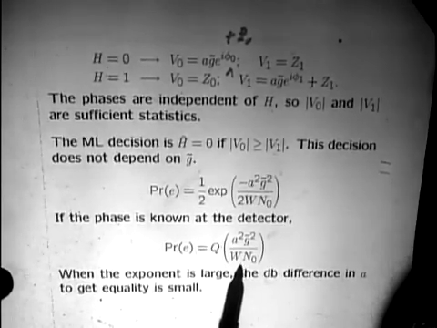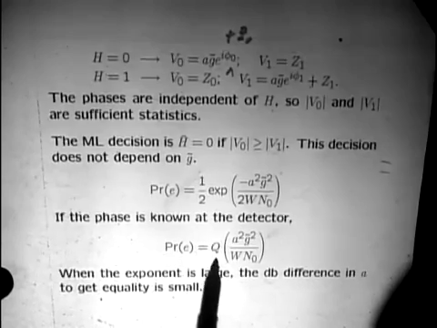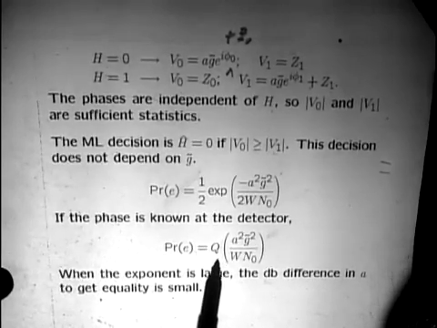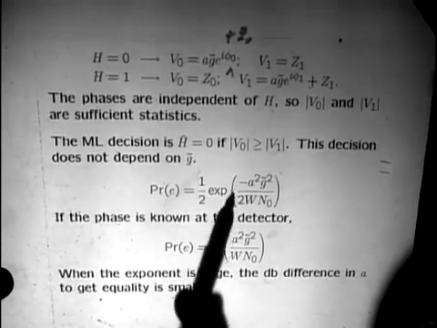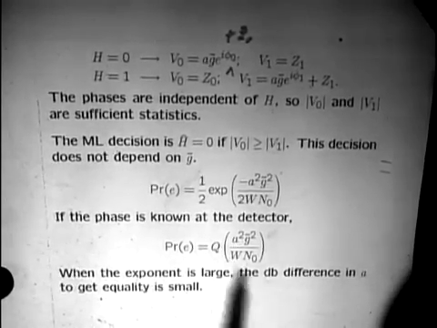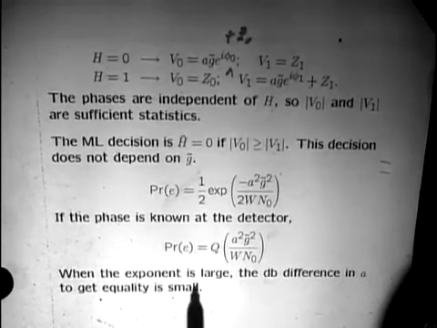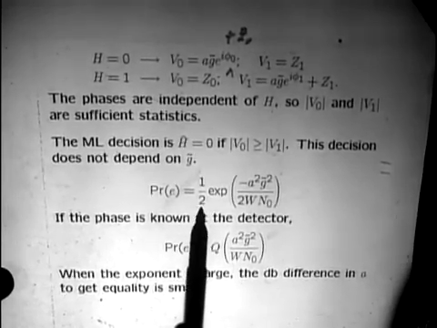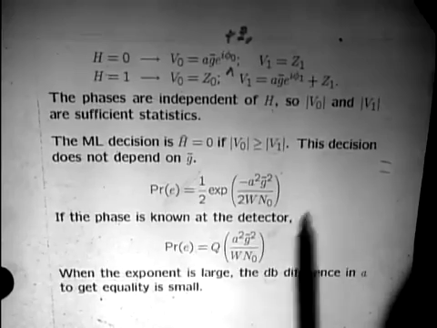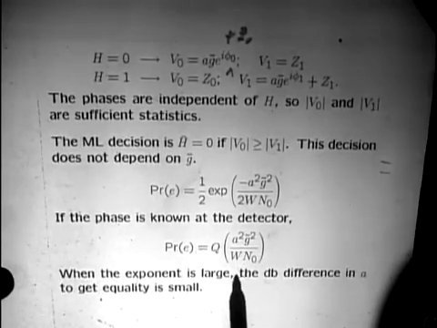Now, if you remember the estimates and the bounds we've come up with on the Q function, the simplest bound that we came up with was this. Namely, you take 1/2 of the Gaussian density with the coefficient, and you multiply it by 1/2. So this is the simplest estimate we can get of this.